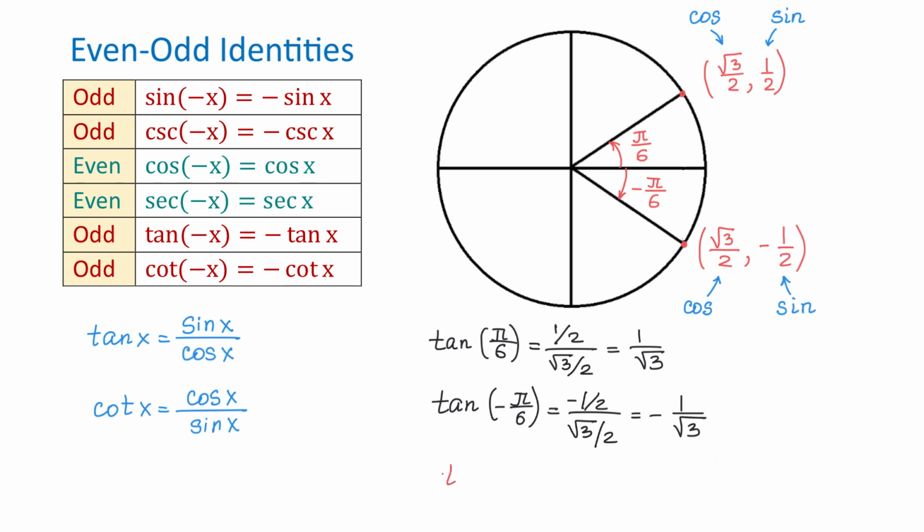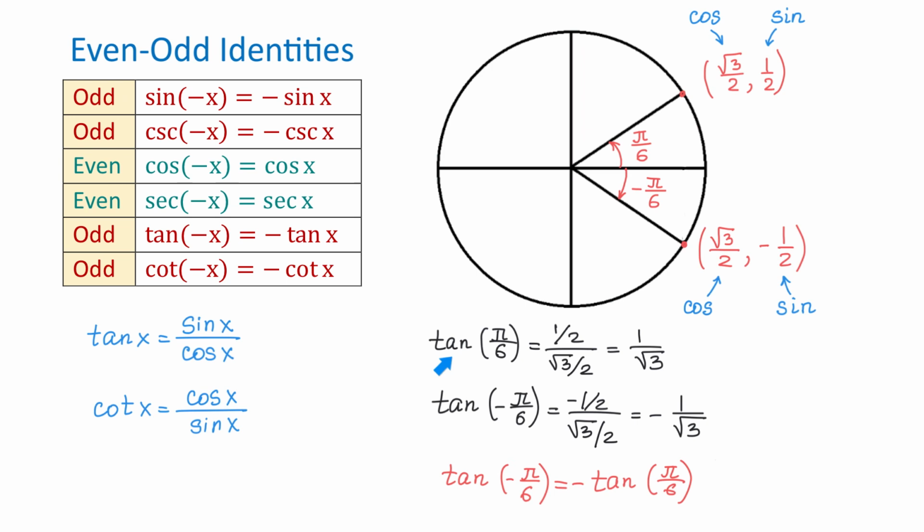Then we can say that tangent of negative pi over 6 equals negative tangent of pi over 6. So what we have here in the table is tangent of negative x equals negative tangent of x. Now cotangent is the reciprocal of tangent, and it is cosine divided by sine.